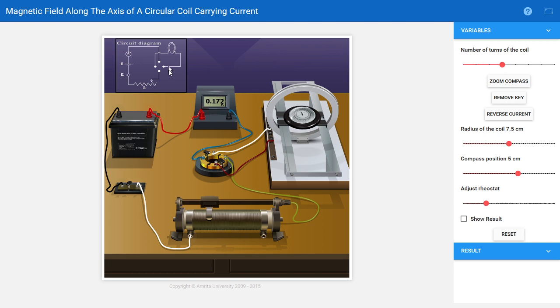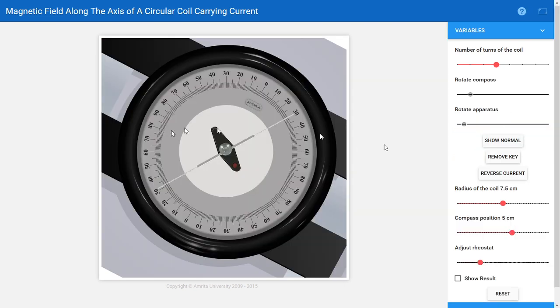The different direction of the current will give us a different direction of the magnetic field. Hence, we will get a different deflection. Let me show you. So if I reverse the current, see what is happening. Because the magnetic field is reversed, the deflection will be reversed.